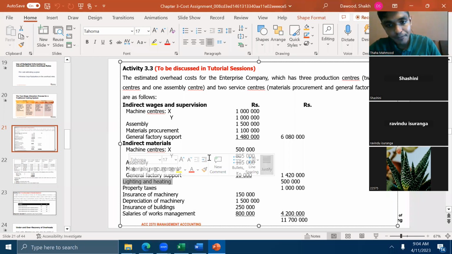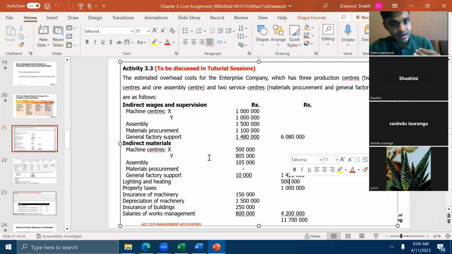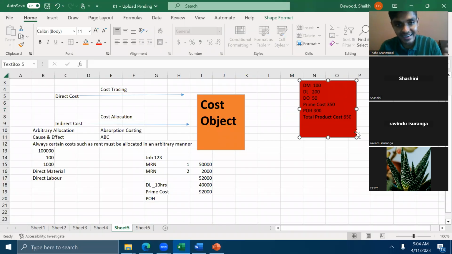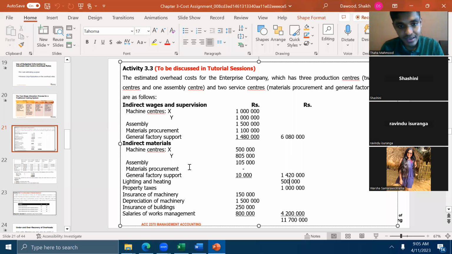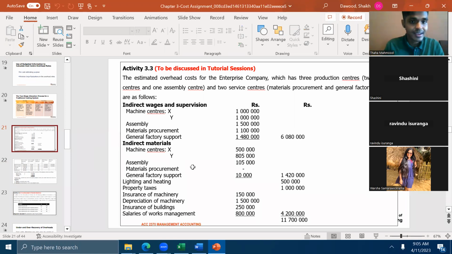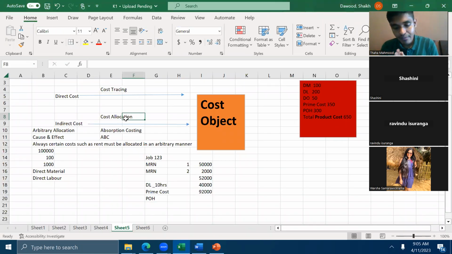If let's say we estimate 500,000 but actually end up paying 550,000 for lighting and heating, a portion of that must come inside this production overhead. But do we know how much we actually incur on lighting and heating in order to include it? Do we know exactly how much the salaries of work management will be, including incentives? There are so many costs unknown at the beginning of the year itself.